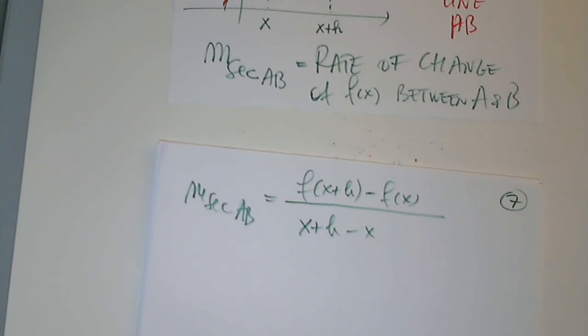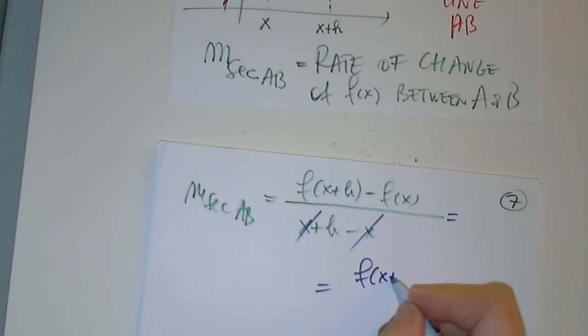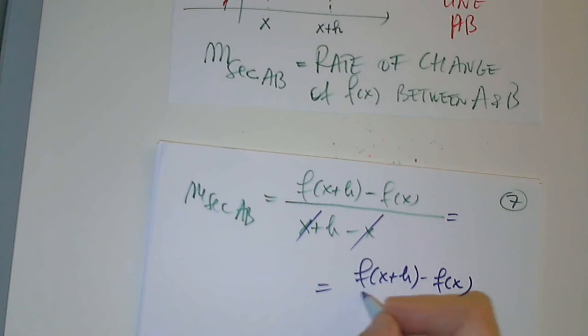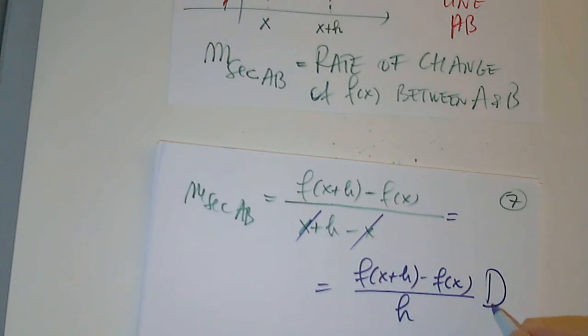Omar is perfectly correct. He said y2 minus y1 over x2 minus x1. And that's how we determine the slope of a line passing through the 2 points. Absolutely. Okay, so now, of course, these two go away. So we're left with this. And this is the difference quotient for any function.